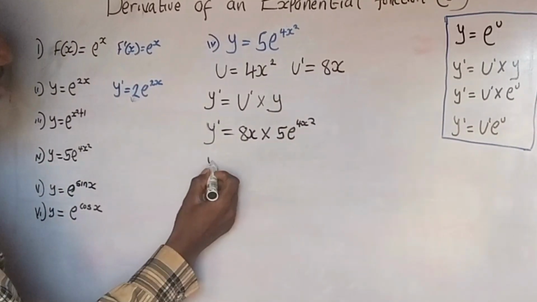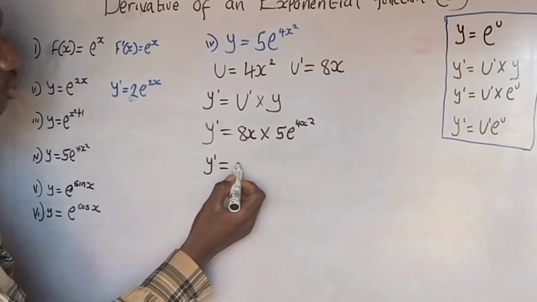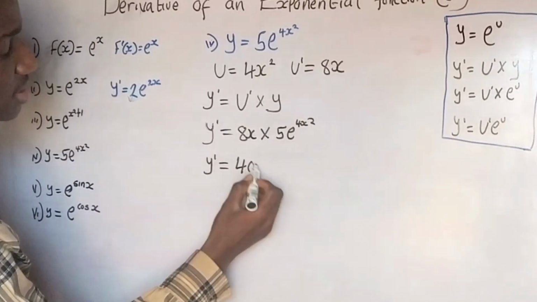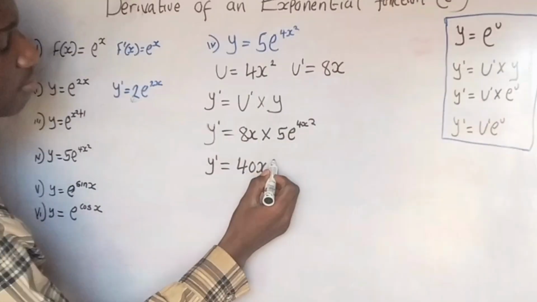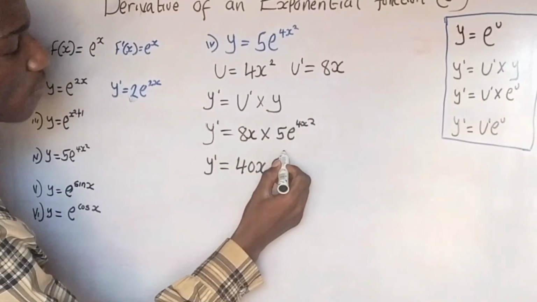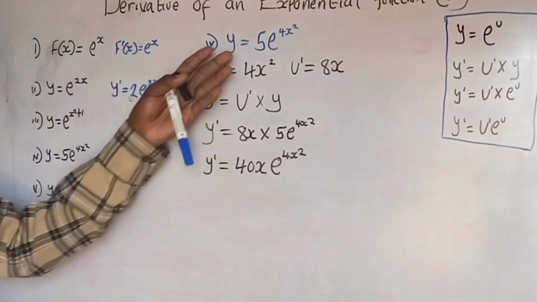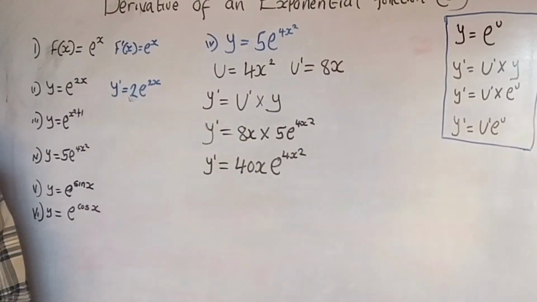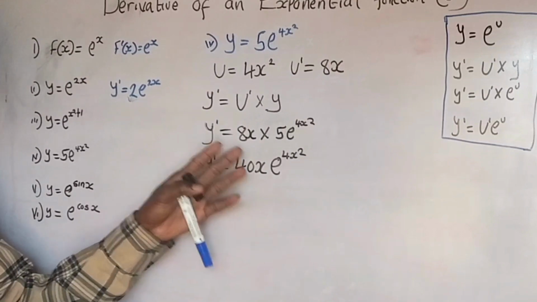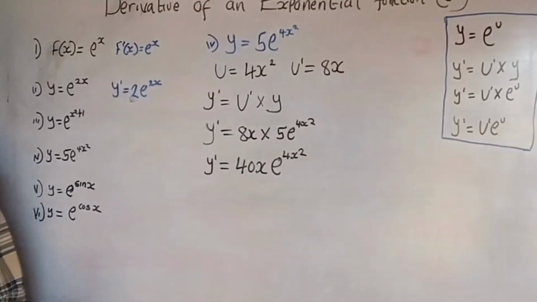In that case, I'm having the derivative of y is equal to 40x multiplied by e raised to the power of 4x squared. Therefore, the derivative of y equals 5e raised to the power of 4x squared is 40x e raised to the power of 4x squared.